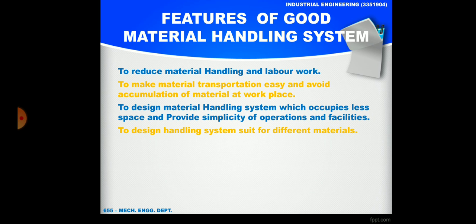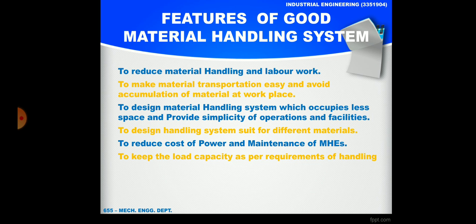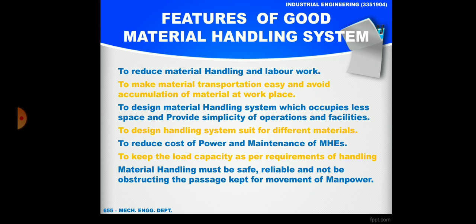So it is helpful to design a material handling system for different materials to reduce cost, power, and maintenance. So proper material handling reduces the cost and maintenance. It is useful for keeping the load capacity as per requirement. And it provides a safe passage for movement which is reliable and safe.